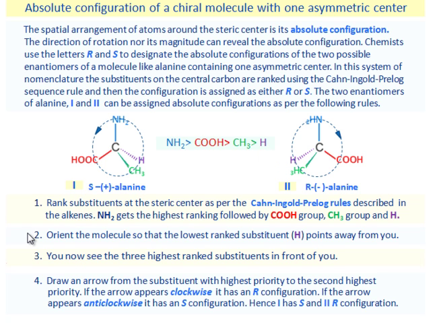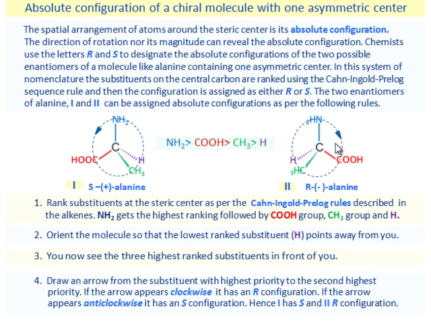Orient the molecule so that the lowest ranked substituent, that is hydrogen, points away from you. You now see the three highest ranked substituents in front of you. Draw an arrow from the highest priority to the second highest priority group.